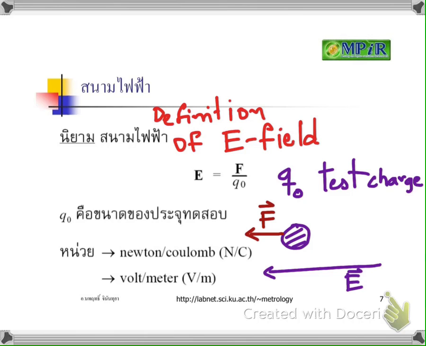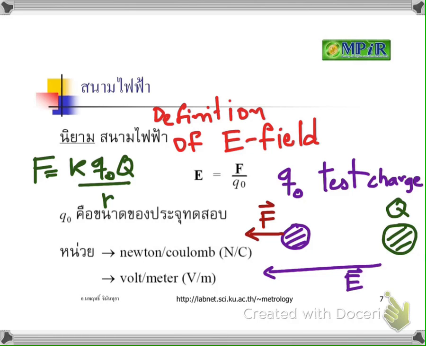For example, if we know that this electric field comes from another point charge, okay, if we have another point charge here, like this, and if this has a charge Q, we know from the Coulomb law that F is equal to k Q0 Q over R squared.